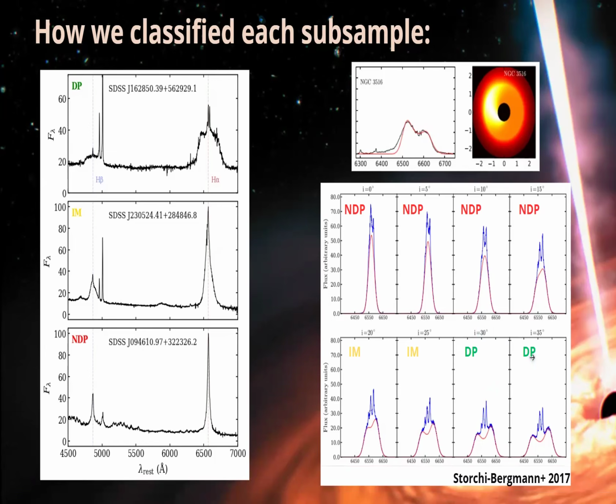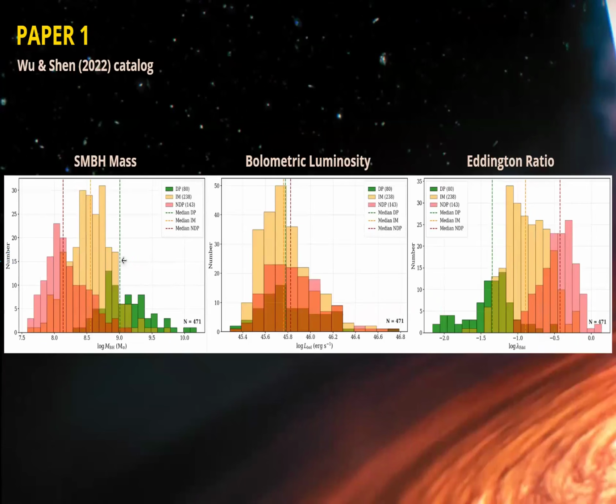So basically, non-double peaked quasars should be more face-on, while double peaked quasars should be more inclined. After selecting the groups, we started comparing the physical properties between these subsamples. We noticed that in many properties, the subsamples were separated from each other, following this trend you can see: non-double peaked, intermediate, and double peaked.